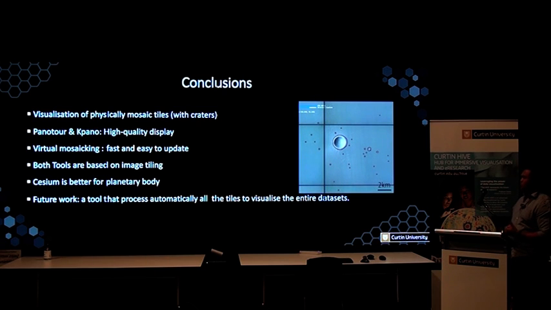We have also concluded that Cesium is the best display for high resolution imagery because it emulates a planetary body better. So for future work, a tool that can automatically process all the tiles of the planet mass can be a great idea to visualize the entire data set.